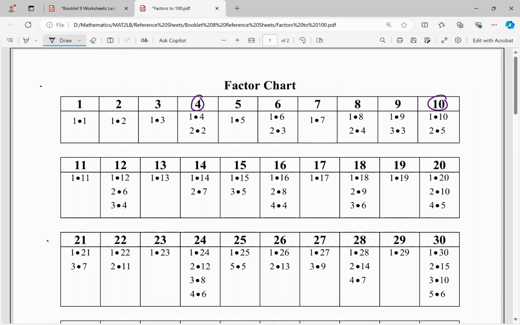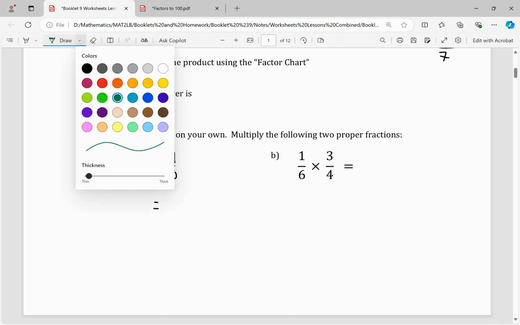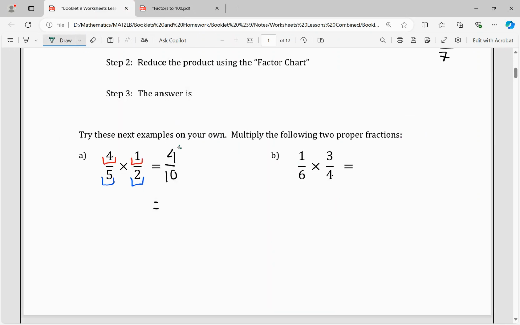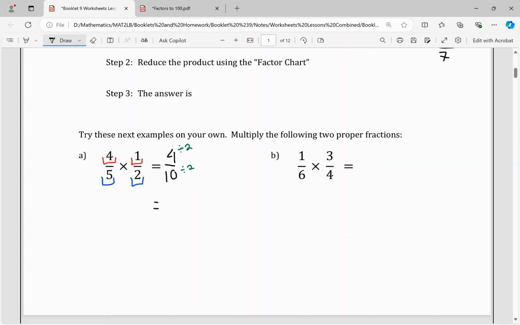The largest number that they have in common is 2. So that is my GCF, right? And I am going to divide both the numerator and the denominator by 2. 4 divided by 2 is 2, and 10 divided by 2 is going to give me 5.